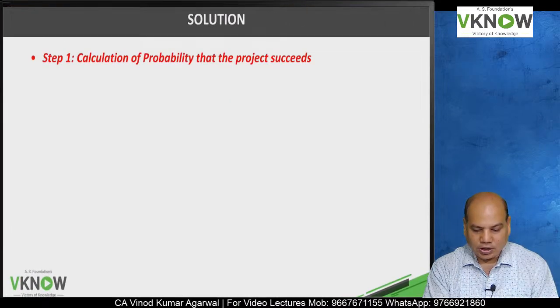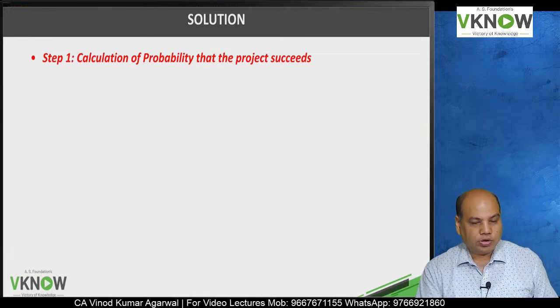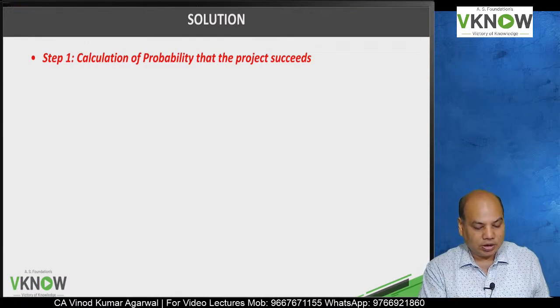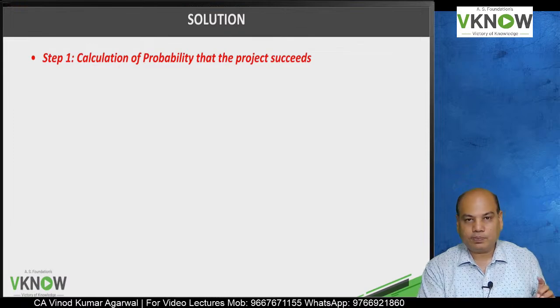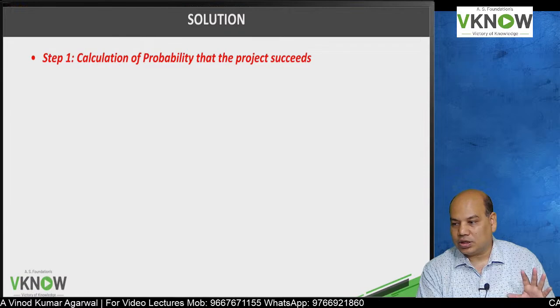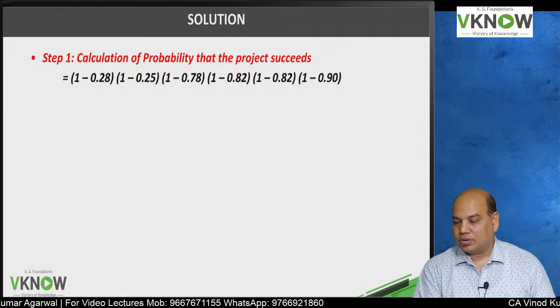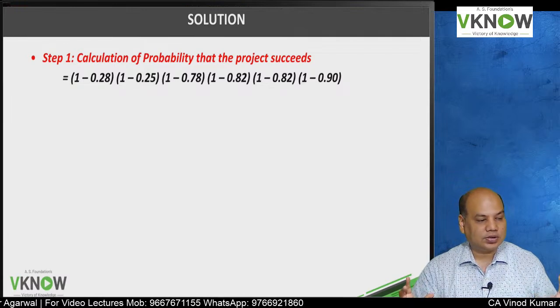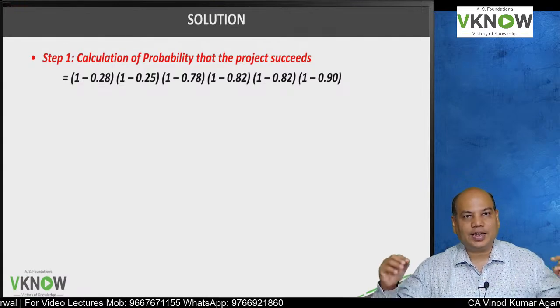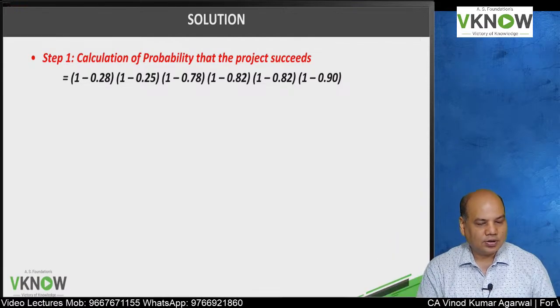Write down the answer in the notebook. You will get 600 crore only if the project finally succeeds, means success in all the years. Joint success. Success of year 1 and 2 and 3 and 4 and 5 and 6.